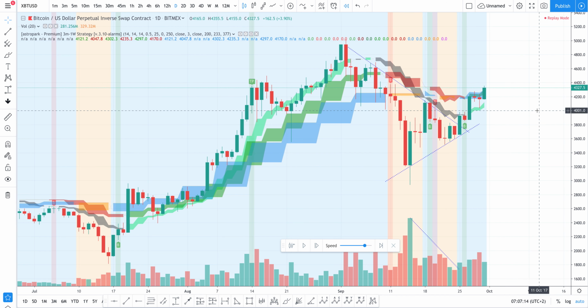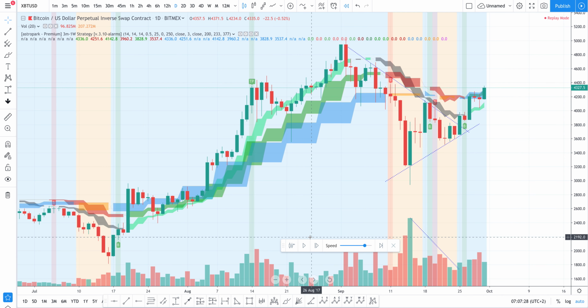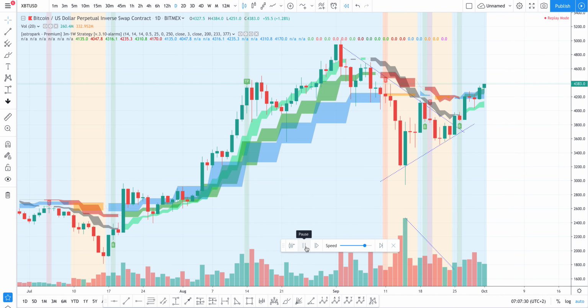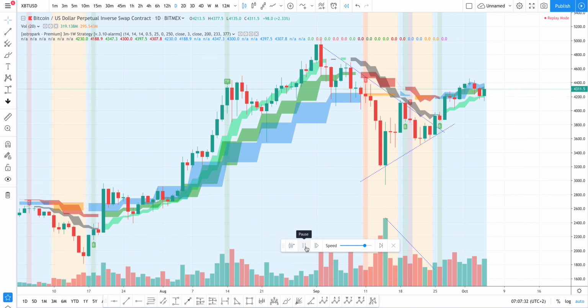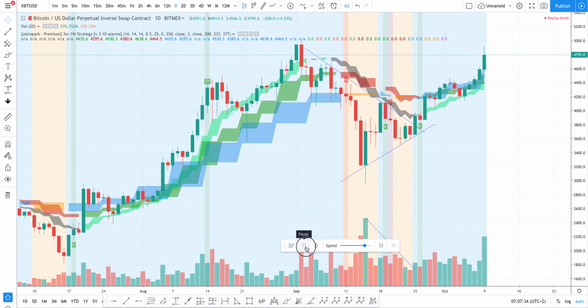I'm now in profit, so I will put a stop loss in profit just here. The lower time frame trend cloud is green, the same for the other two trend clouds, and I follow with the trailing stop strategy. Perfect.